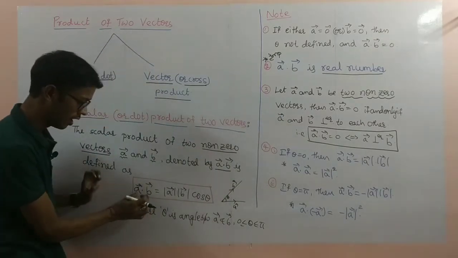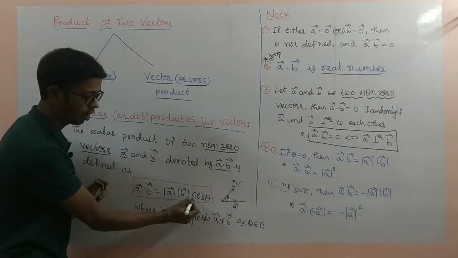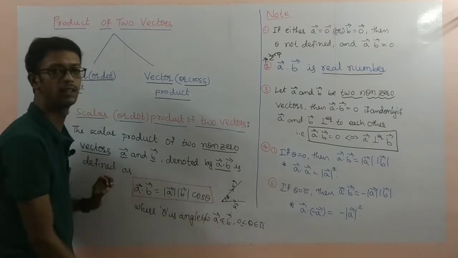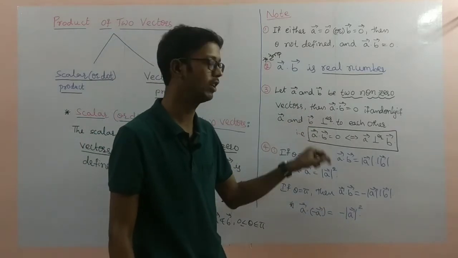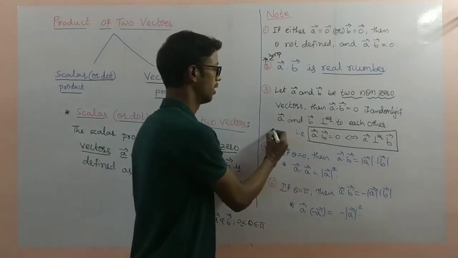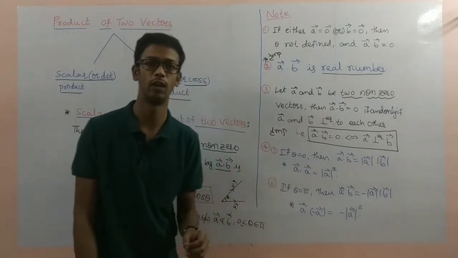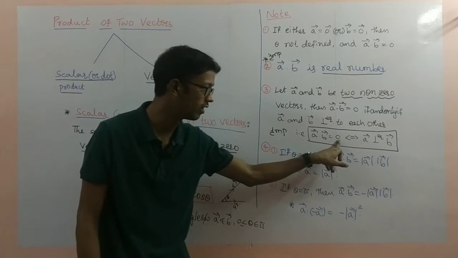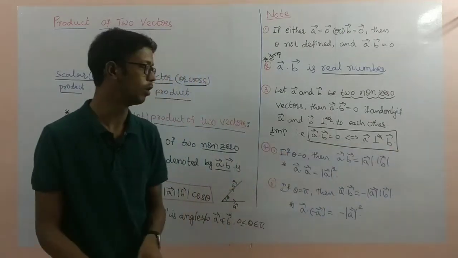So cos theta must be 0, cos 90 degrees is 0, so theta is 90 degrees. This is an important point: A bar dot B bar equals 0 if and only if A bar is perpendicular to B bar.